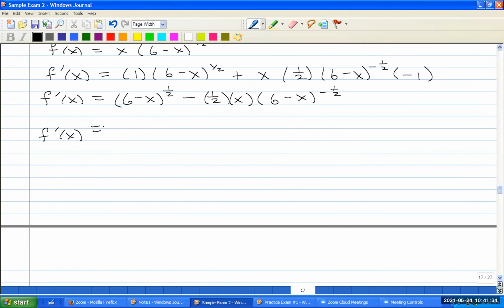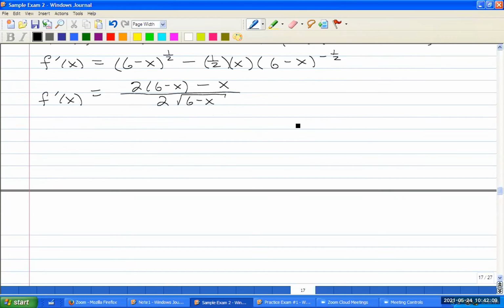Okay, so this is equal to, let's get a common denominator. So the common denominator is 2 over radical 6 minus x. Let's multiply and divide by 2 radical 6 minus x. So that becomes a 2 times 6 minus x. The 2's cancel, so you just get an x, and everything else cancels.